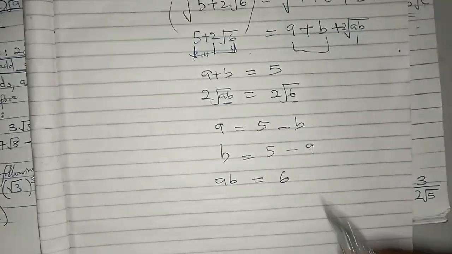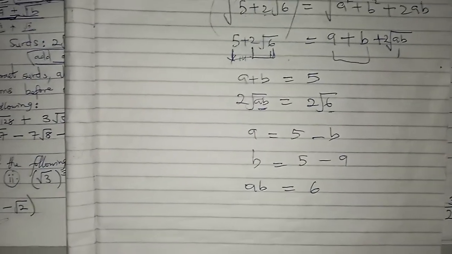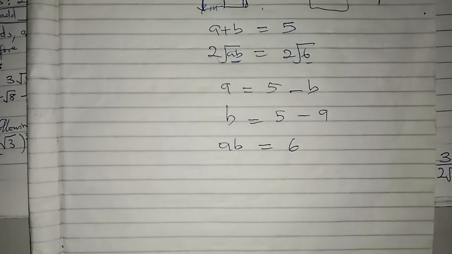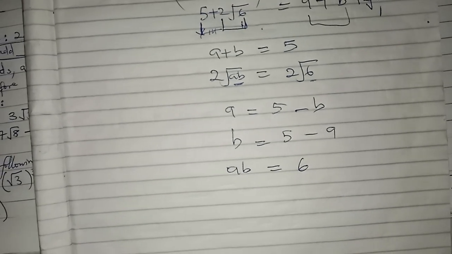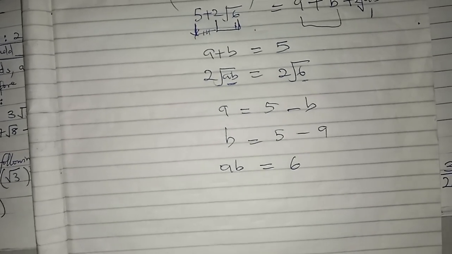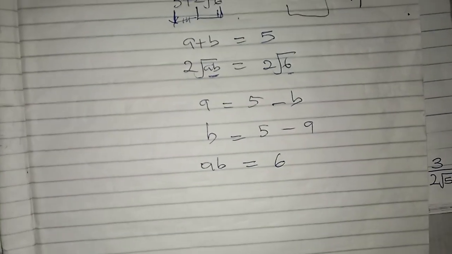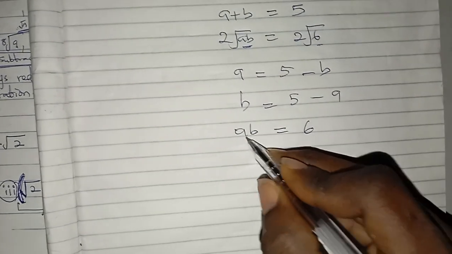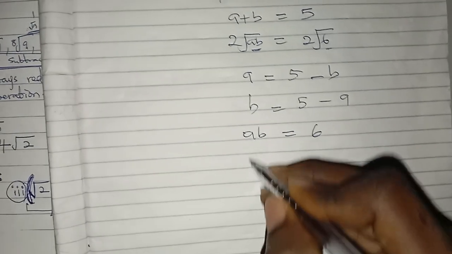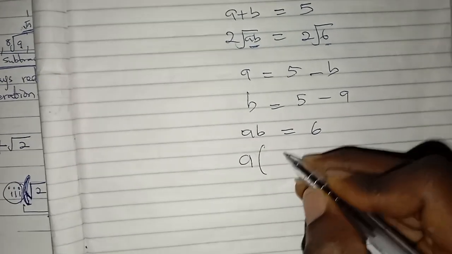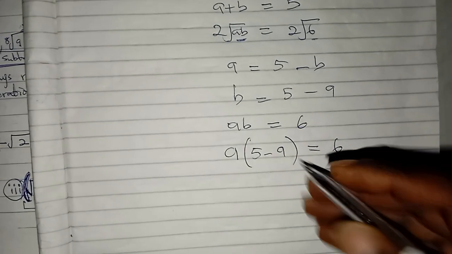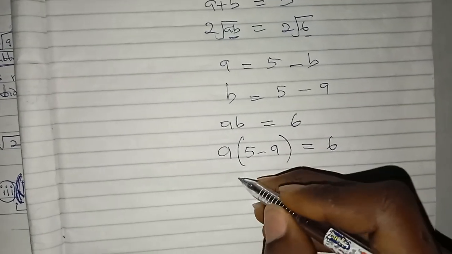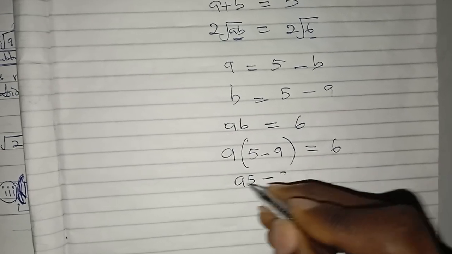They occupy the same position. So I can go on to now say let's make this an equation. Let's make it something of an equation. So if this is ab equals 6, this can be a times 5 minus a, or you say 5a.